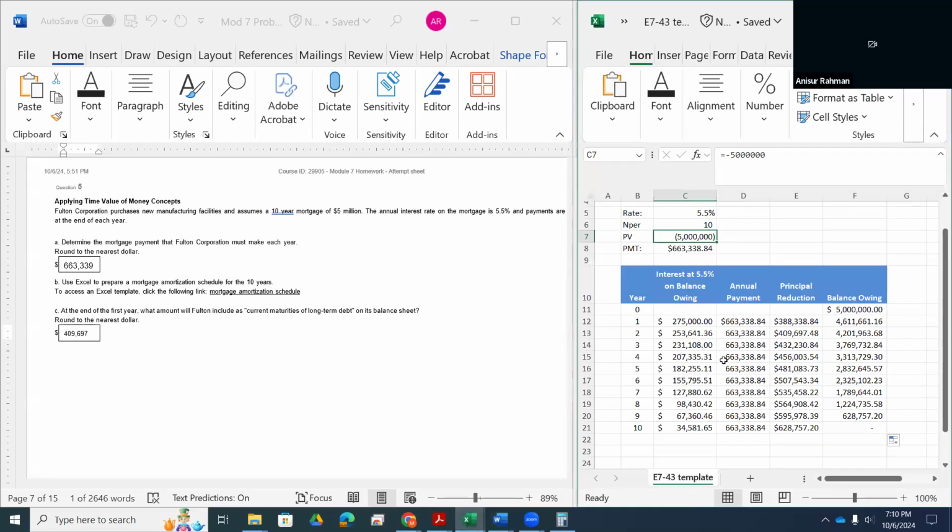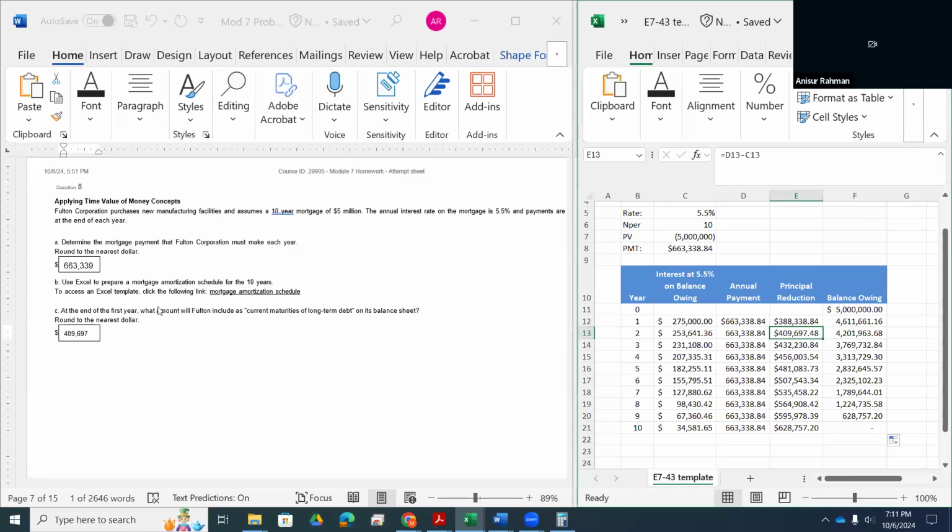You will see that at the end of second year, your balance is 420,196.68. So we found the balance. And then press the down arrow one more time, you'll see principal, PRN. That means principal repayment, which is this amount.